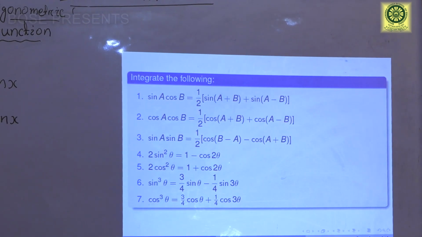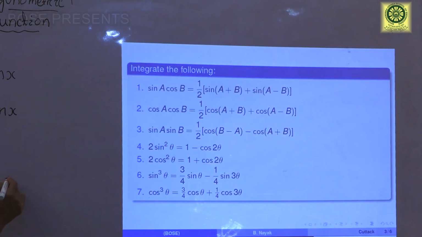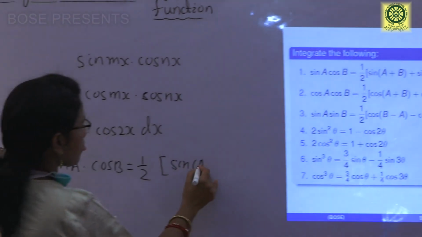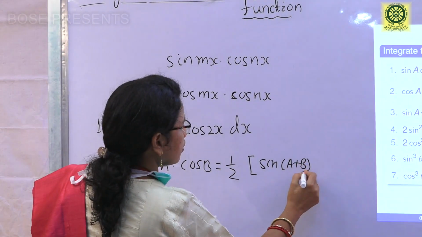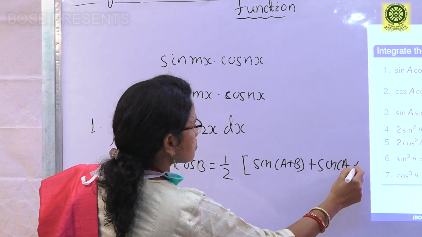That formula is sin a cos b is equal to 1 by 2 [sin of a plus b plus sin a minus b].